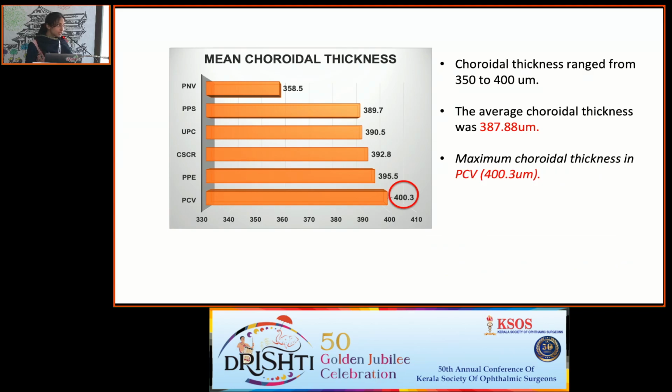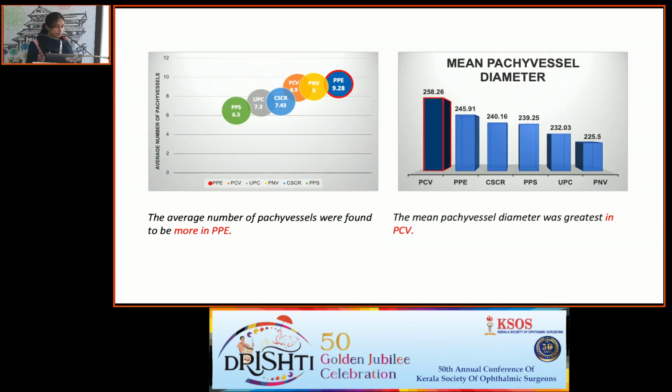The choroidal thickness ranged from 350 to 400 micrometers, with an average of 387.88 micrometers, and the maximum choroidal thickness was observed in polypoidal choroidal vasculopathy, followed by pigment epitheliopathy and central serous chorioretinopathy. On evaluation of the choroidal vascular morphology, we observed that the average number of pachyvessels was higher in pigment epitheliopathy, followed by pachychoroid neovasculopathy and polypoidal choroidal vasculopathy.